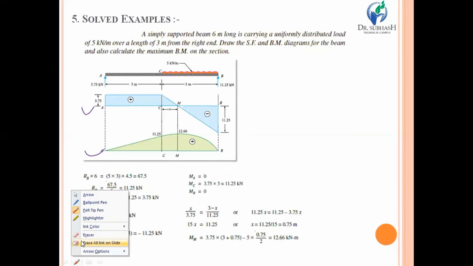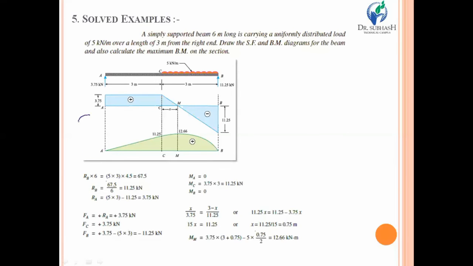So we should start with drawing the shear force diagram. Before drawing it, just draw a horizontal line like that, and draw a vertical dotted line from each and every section.